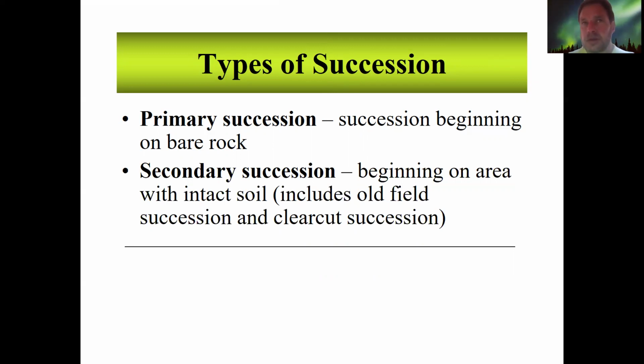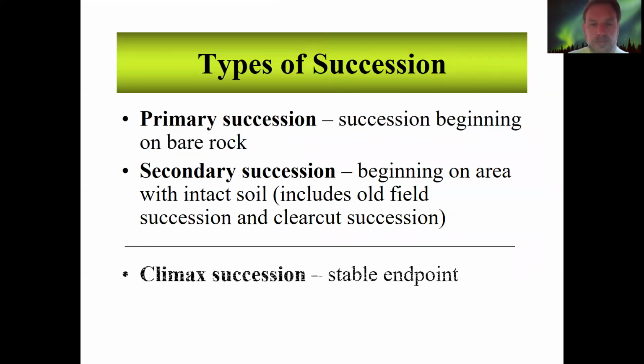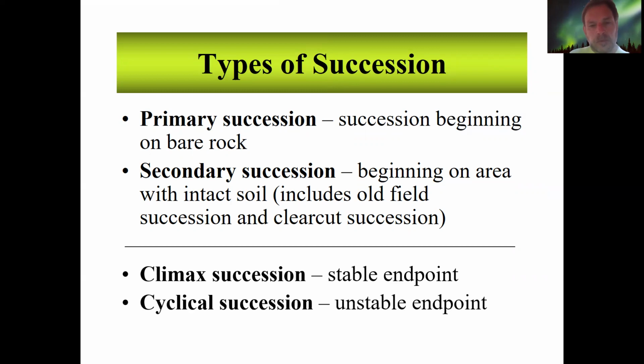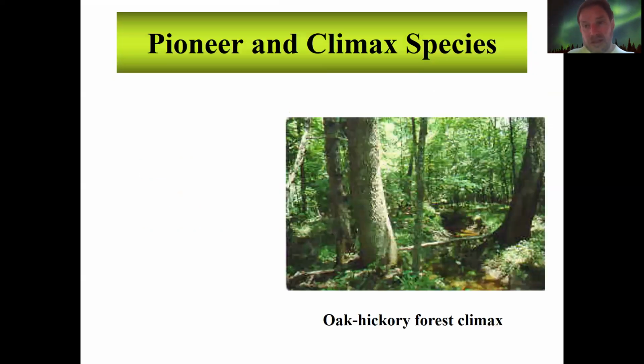Then you can also have succession where you have a forest, the trees are removed, but the trees can sprout from the cut stumps. We call that clear-cut succession. Typically, succession will keep going until you reach a stable endpoint. In some cases, you have an unstable endpoint.